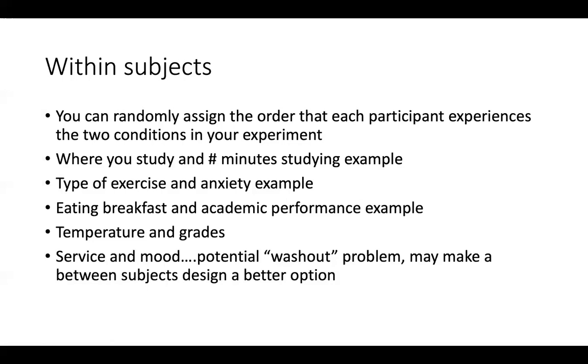Let me just give you a little more example on that potential bias. Let's say that you decided everyone who shows up first is going to be in the library group, and everyone who shows up in the afternoon will be in the non-library group. Well, it may be that the reason people showed up first is some reason that also affects how many minutes they study. That's a confound.